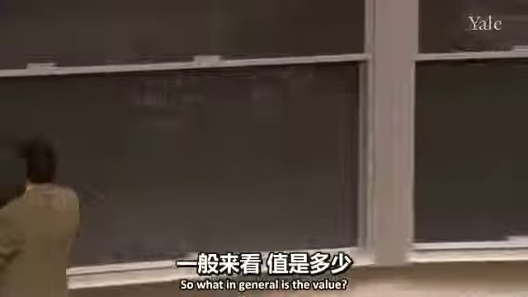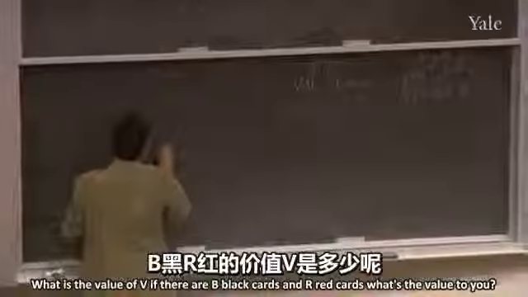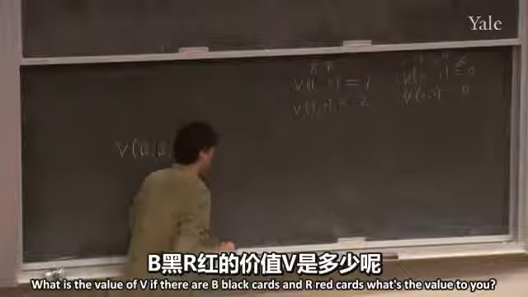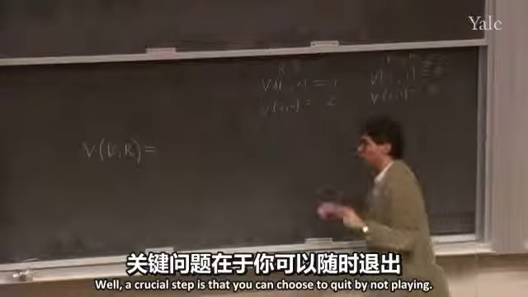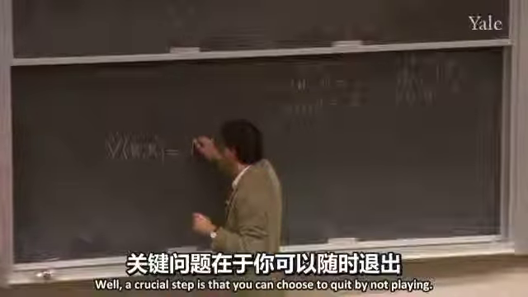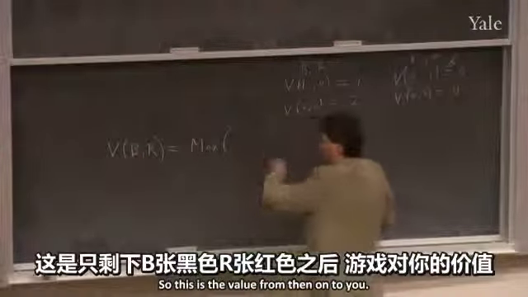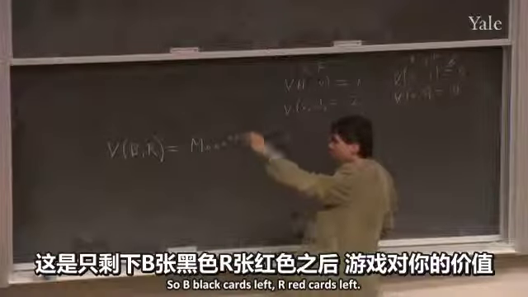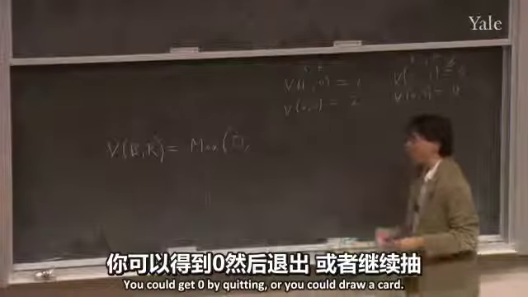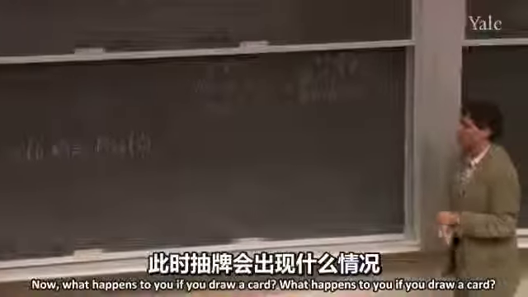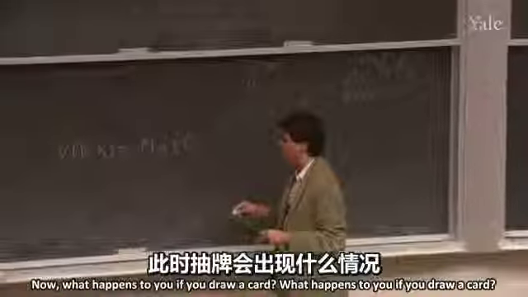So what in general is the value? What is the value V of B black cards and R red cards, what's the value to you? Well, the crucial step is that you can choose to quit by not playing. So this is the value from then on to you. B black cards left, R red cards left. You could get 0 by quitting, or you could draw a card. Now, what happens to you if you draw a card?